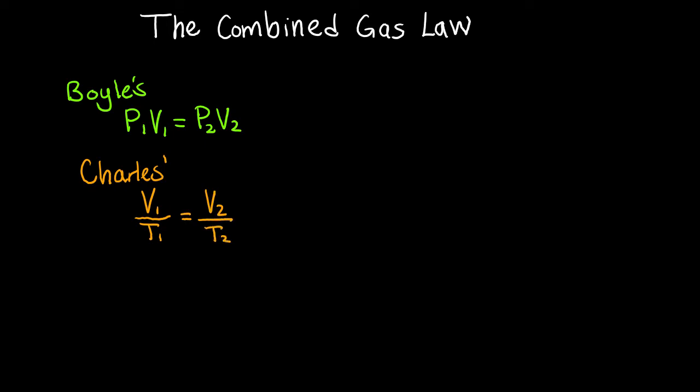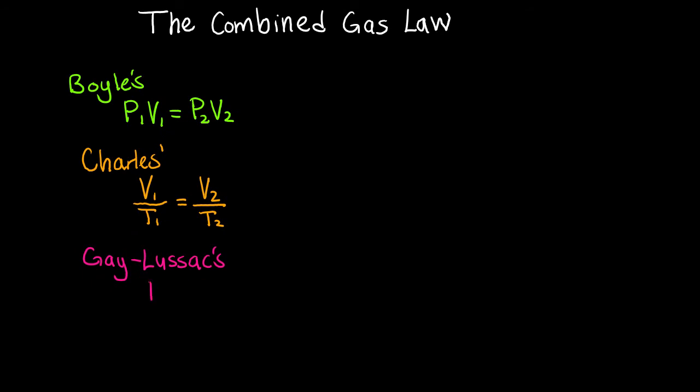And for all of these gas laws, we are assuming that the moles of gas are held constant. You're not adding or removing any gas from one change to the next. And then finally, we add Gay-Lussac's law, which reminded us that pressure and temperature are directly related.